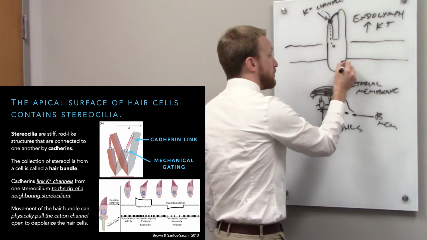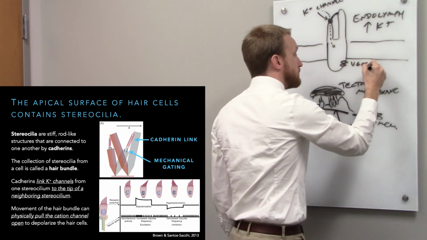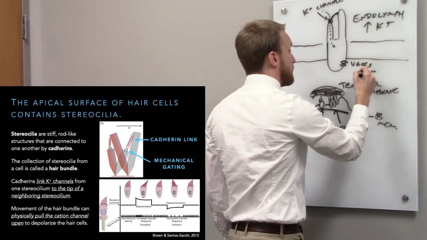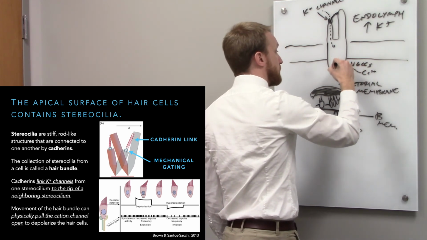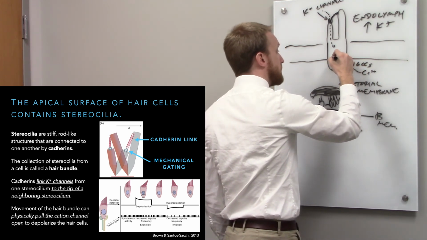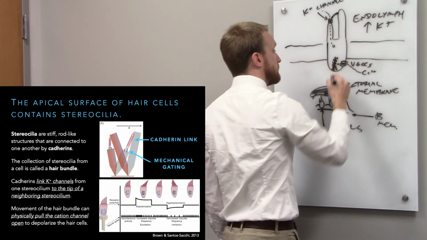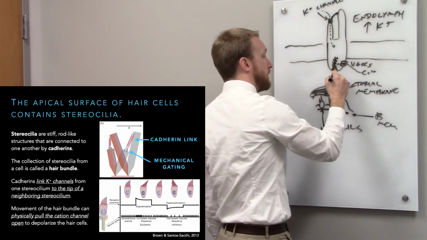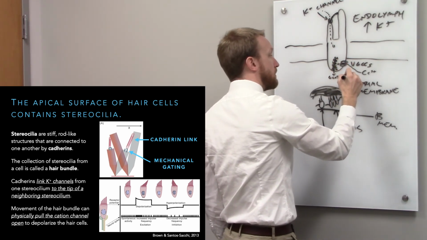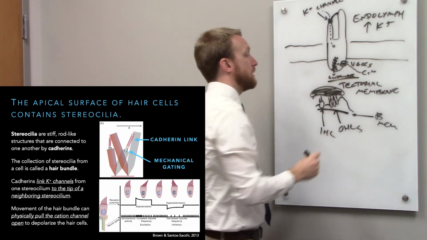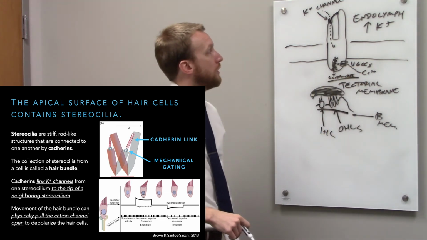That'll stimulate voltage-gated calcium channels. Calcium flows in. That's going to stimulate release at the ribbon synapse sitting here, so that we spit out glutamate. And that's what will stimulate the 8th cranial nerve.